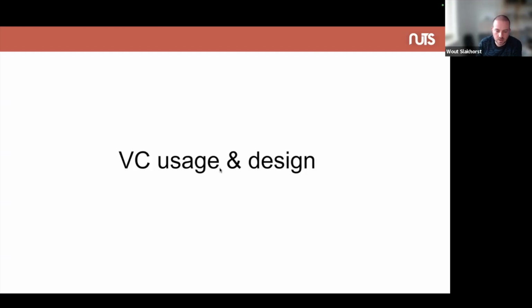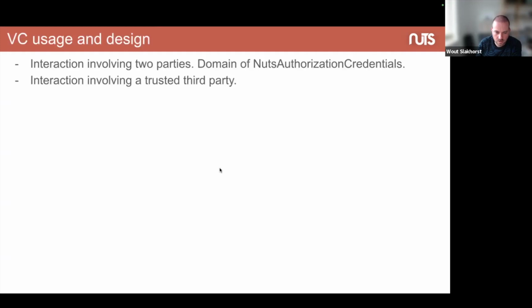Okay. So this is mainly about the NUTS authorization connection. If we look at the current credential usage and how you have to design around it, there's an interaction with just two parties involved, right? So there's a source that has data, and then there's a client that wants to read data or change data at the source.